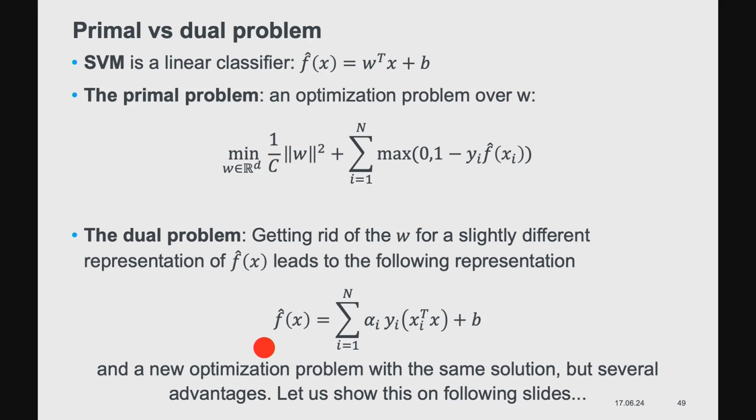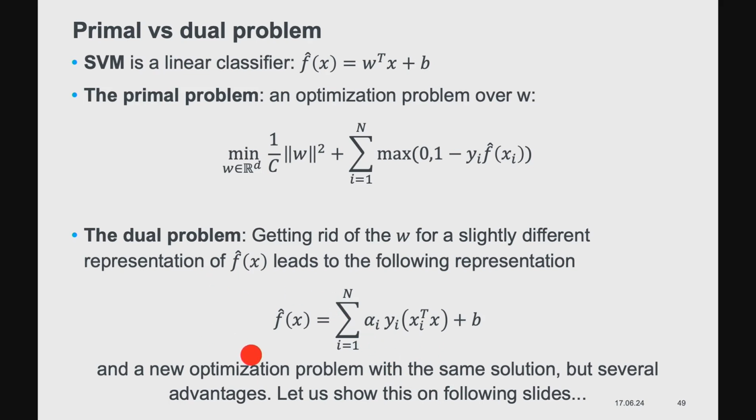And this different representation of f hat leads to a representation of our function that takes a weighting alpha i of the correct classification yi times the different data points that we have, or different support vectors that we have eventually, times the data point under consideration, plus our b.